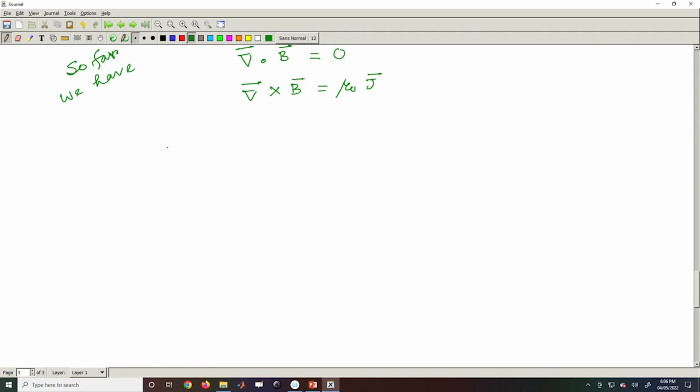This is always true, divergence of B is 0, this is always true, and it reflects the fact that magnetic monopole does not exist.